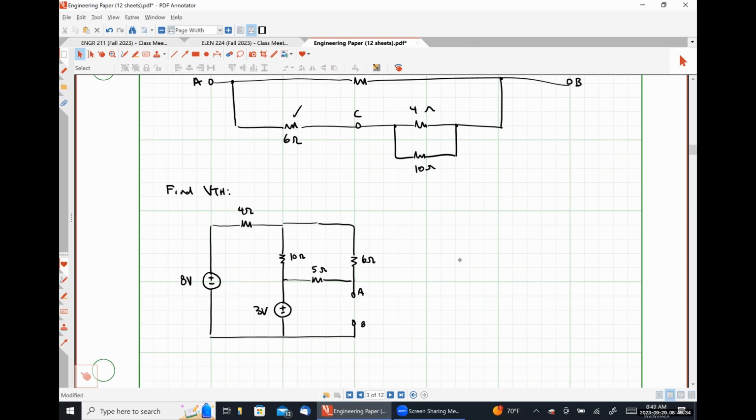The open circuit voltage across terminals A and B. And we were specifically told to find that with a positive polarity terminal on top. So that means we are looking for this voltage.